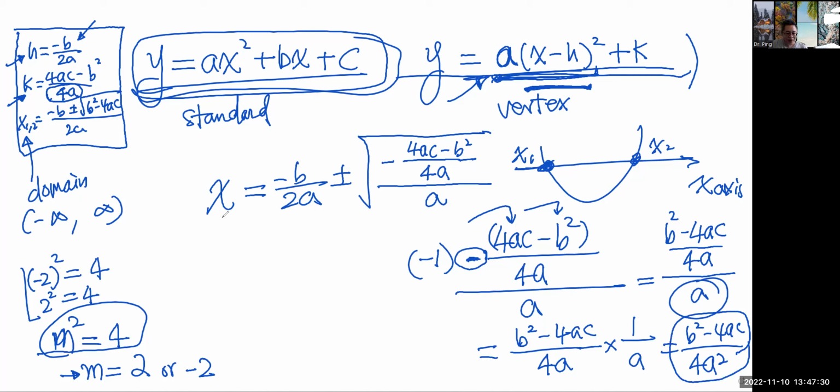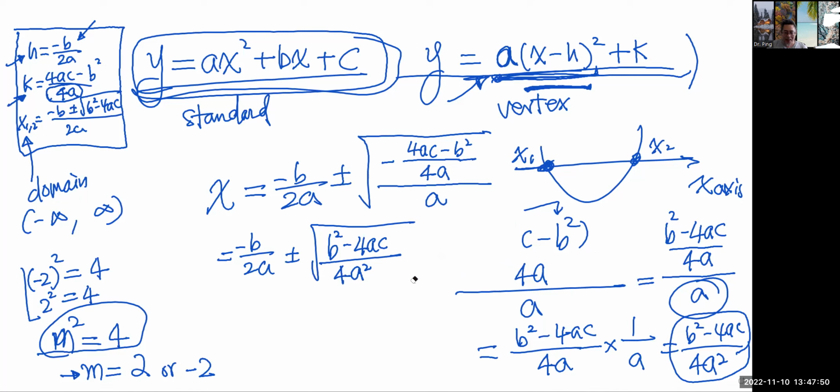So we can now rewrite this equation as negative b over 2a plus or minus the square root of (b squared minus 4ac) over 4a squared. And now you can see the formula b squared minus 4ac.